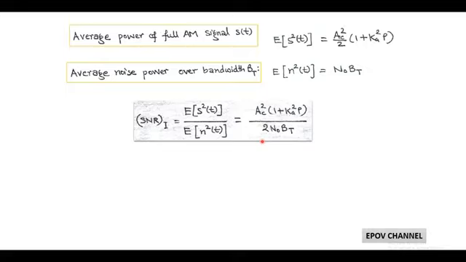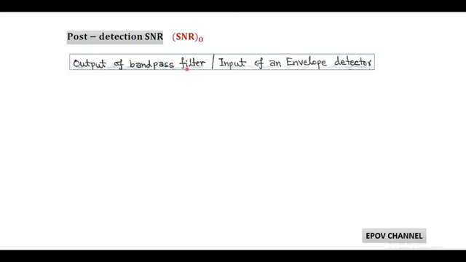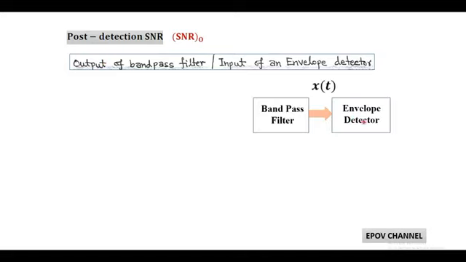After this we have to find output or post detection SNR. For this, we consider output of a bandpass filter, or we can say input of envelope detector denoted by X(t). Here X(t) is equal to s(t) plus n(t), and n(t) is called filtered or narrowband noise.